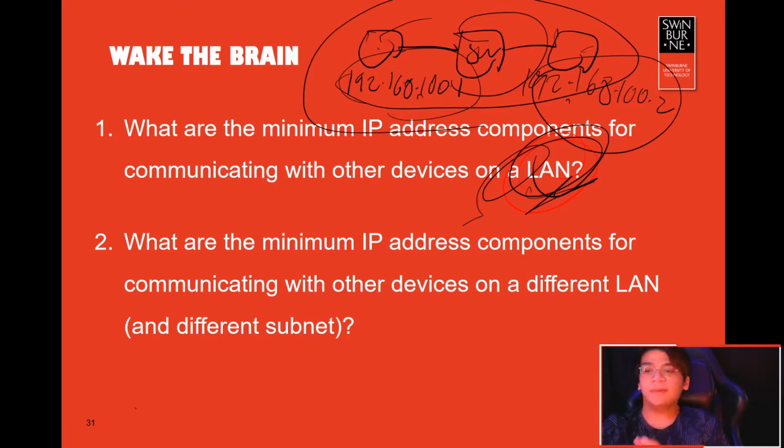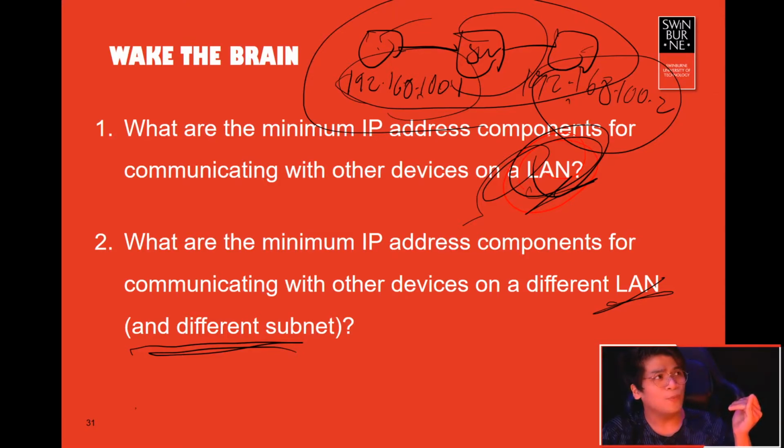So what are the minimum IP address components for communicating with other devices on a different LAN and different subnet, meaning a different network? Question 2 asks how to communicate to a device outside of your subnet, which means an external network, a different subnet, a wide area network, and so on.